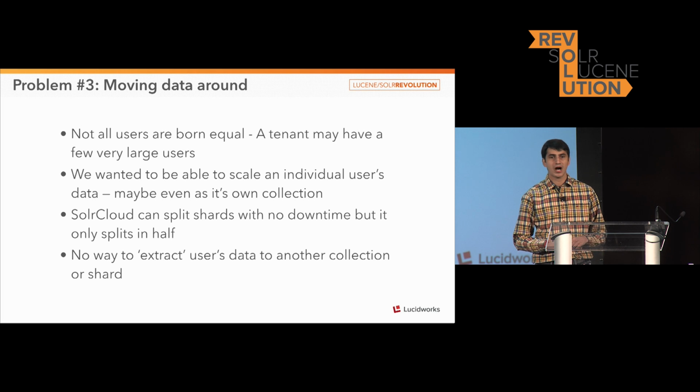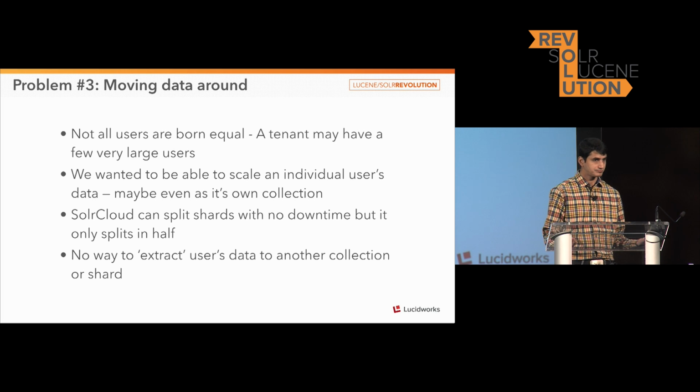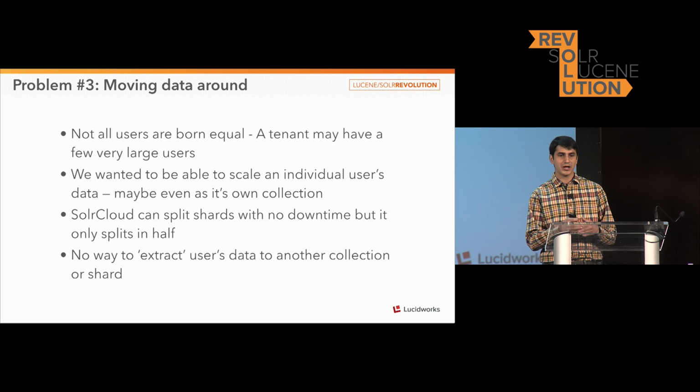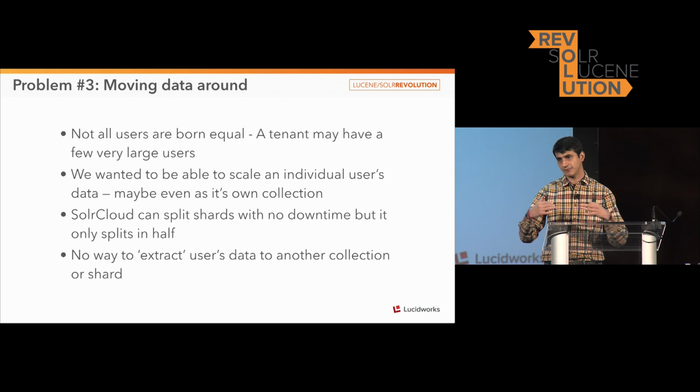The third problem was how to actually move data around. Not all users are born equal. As Jessica said, there would be some tenant which has a lot of documents, and other tenants with not so many documents. And they wanted to be able to split at arbitrary ranges instead of in the middle. But at this point, SolrCloud could only split at the half of the hash range, and not at arbitrary points.